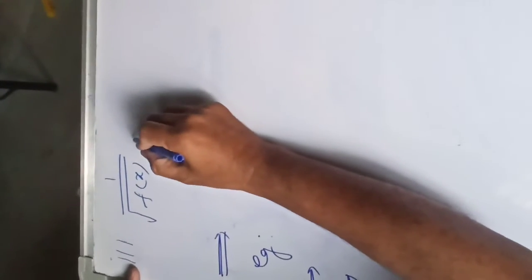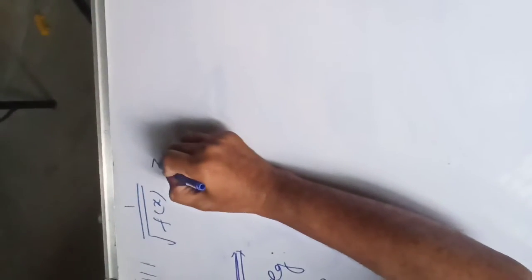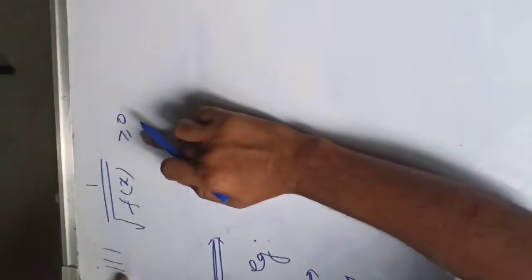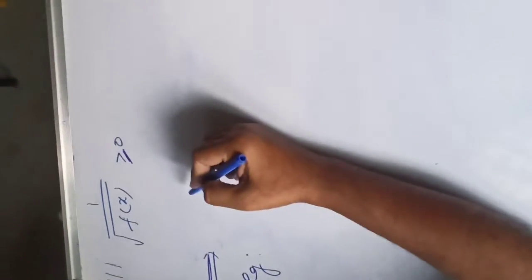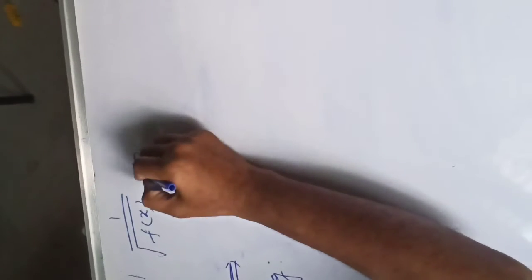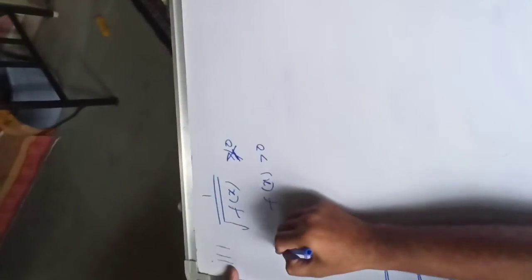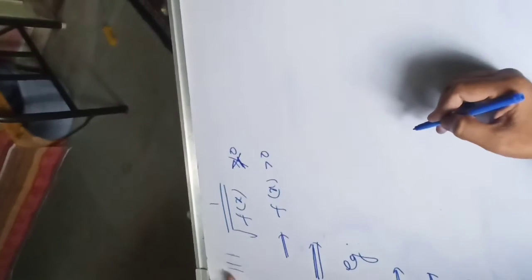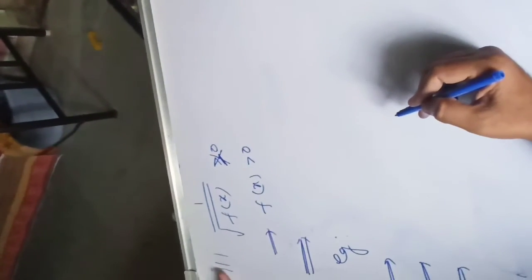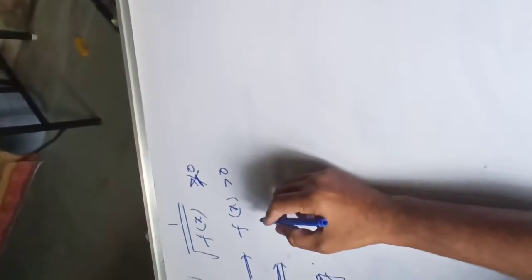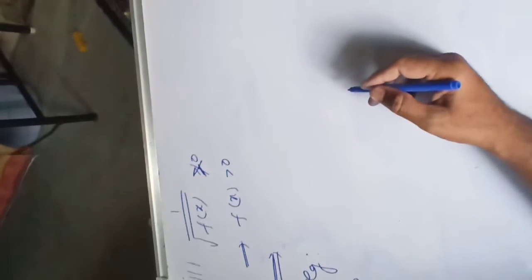Whenever root f of x is there, it is always greater than or equal to 0, but here equal to 0 is not possible. It is not working out, only f of x greater than 0. In this case f of x is greater than 0.